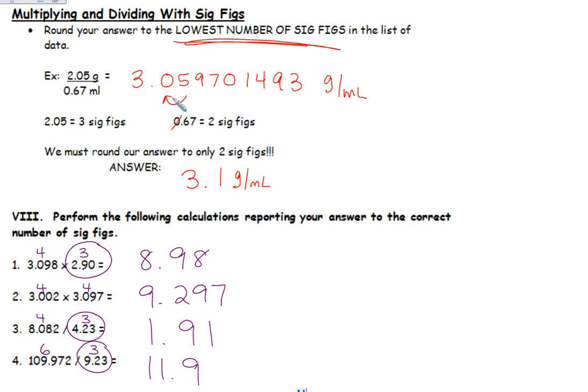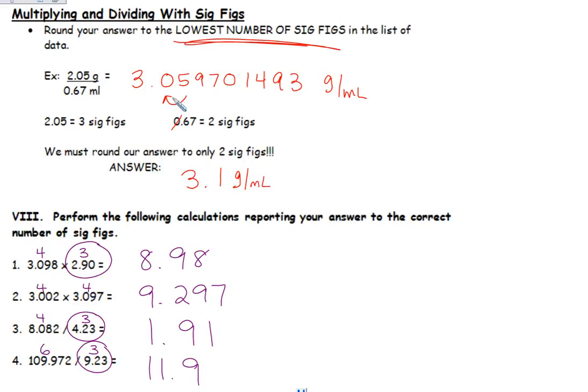You plug the numbers in your calculator, and again, you're probably going to get a calculator screen full of figures. You just round it to whatever piece of data had less significant figures to start with. So you got 8.082, that's 4, divided by 4.23, which is 3. You just leave the first 3 figures off your calculator, that's it.